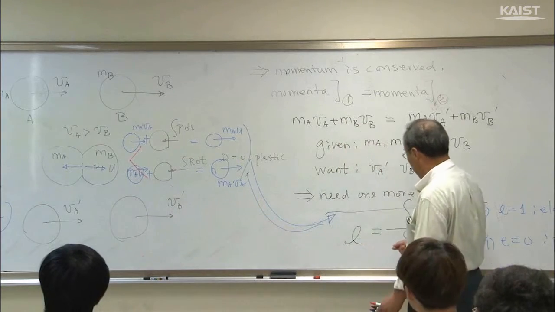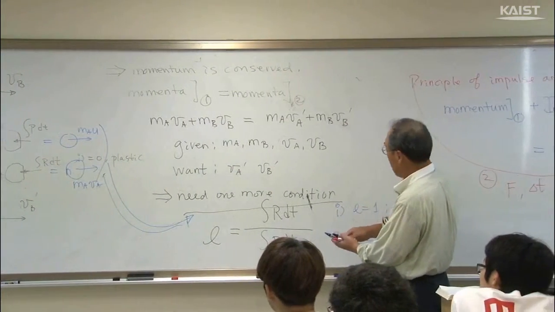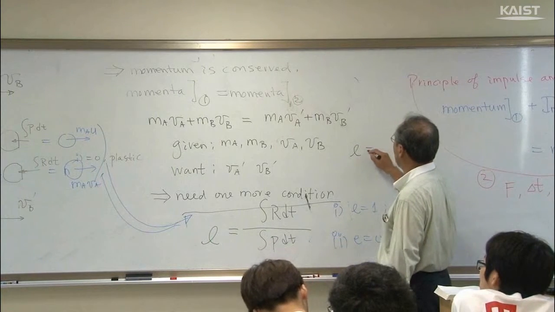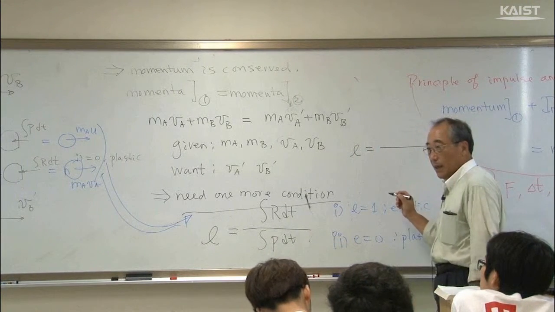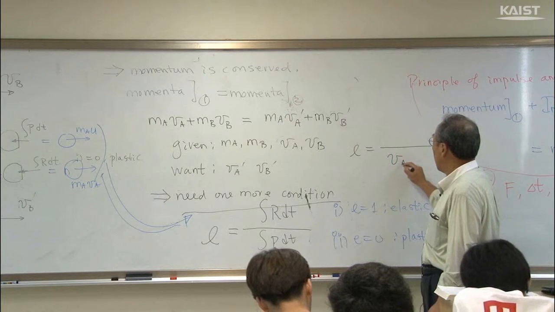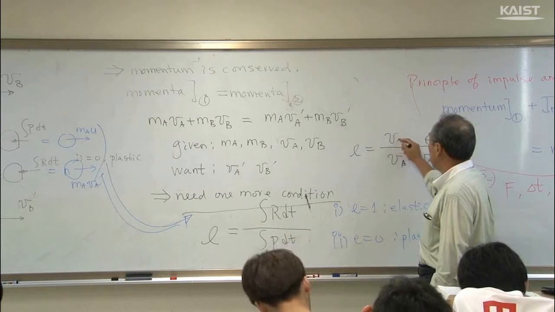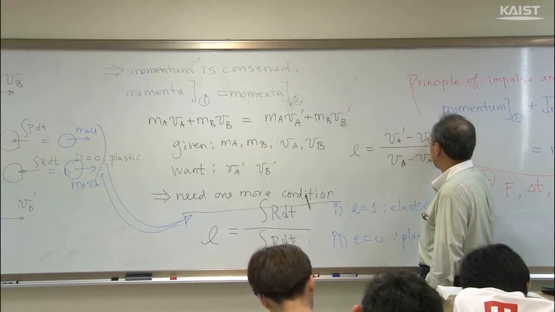And this gives us the coefficient of restitution, which turns out to be simply (vB prime minus vA prime) over (vA minus vB).